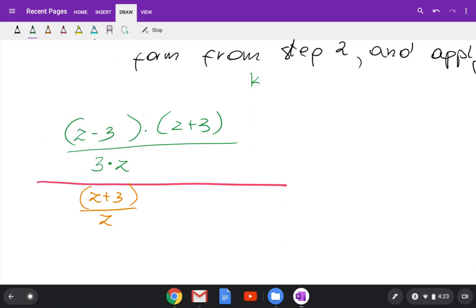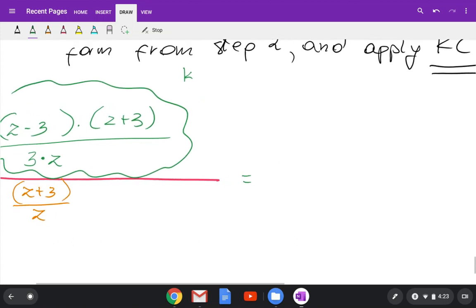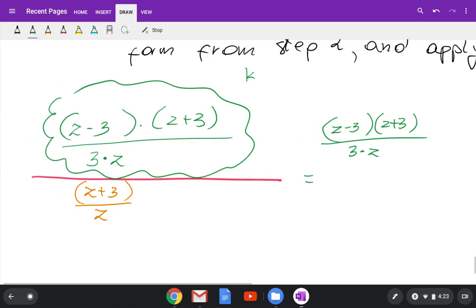Keep the top fraction. So we have z minus 3 times z plus 3 over 3 times z. Change this division to multiplication.